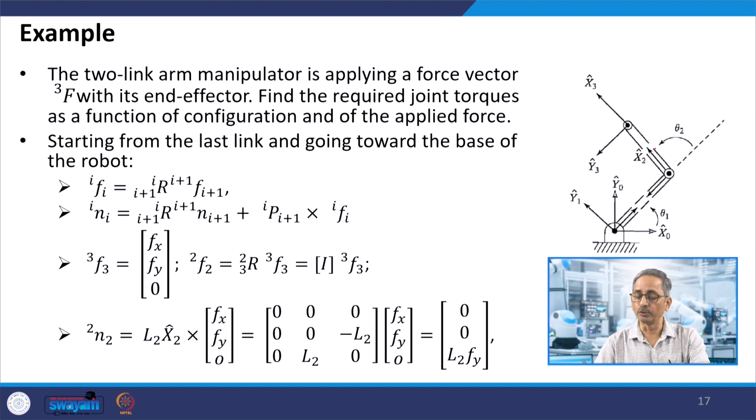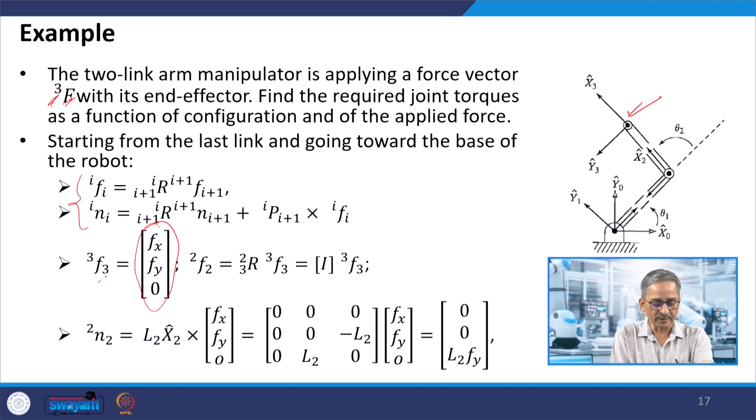Suppose in this 2 degree of freedom planar manipulator, there is a force F acting, expressed in terms of frame 3, with this value, and my interest is to find out what joint torques I have to apply so that my robot is able to resist this force acting at the tip of the manipulator. So I can again use this force and moment propagation equation.